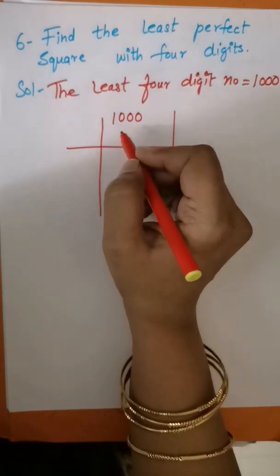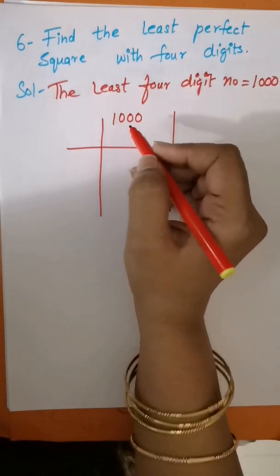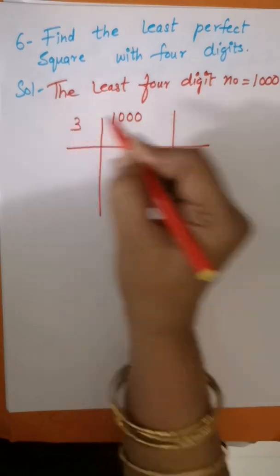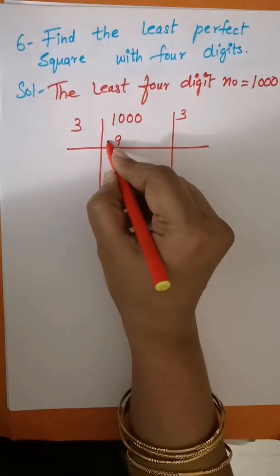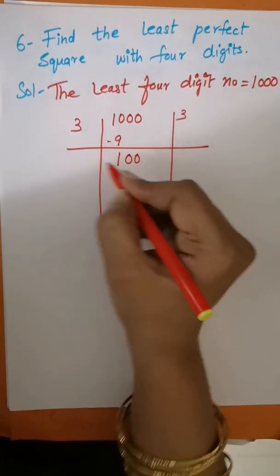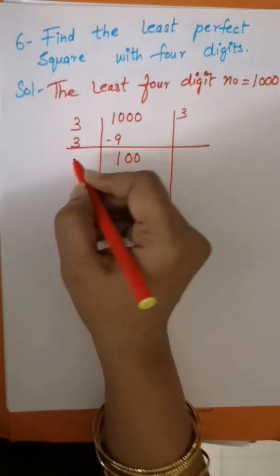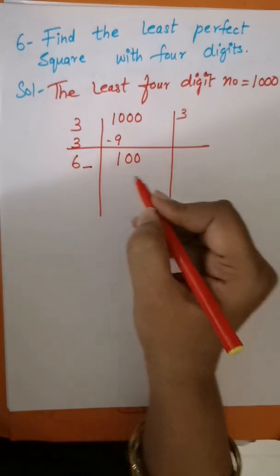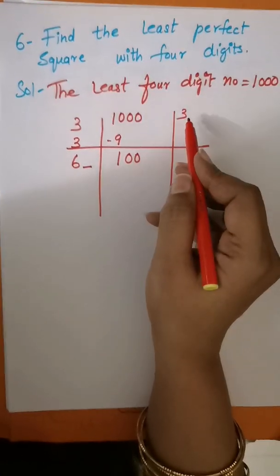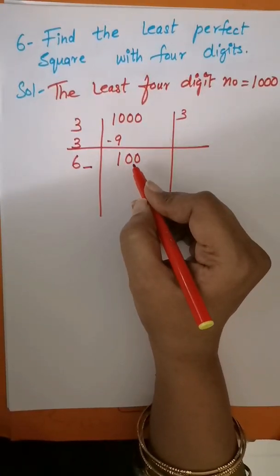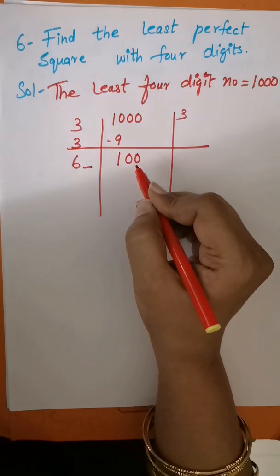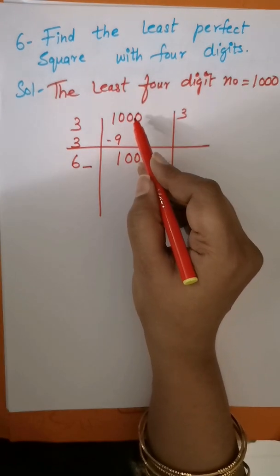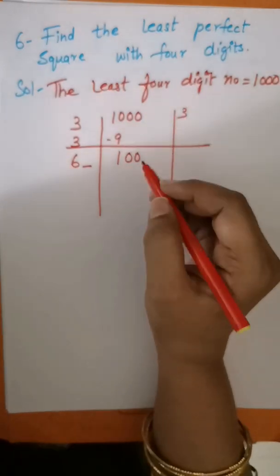Come on. Now for 10, what can we take? 3 3s are 9. 1 remains. Bring down two numbers at a time. Here it will become 3 plus 3, it will become 6. Now here we have to choose such a number which makes it greater than 100, because we want to find what number should be added to make the least perfect square.